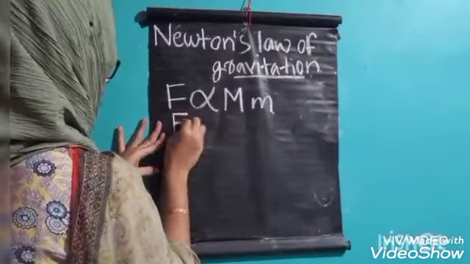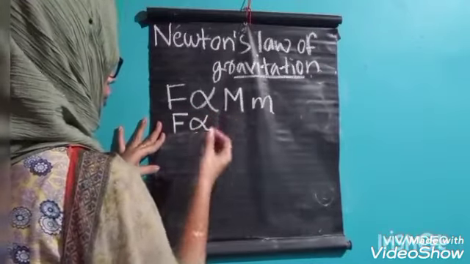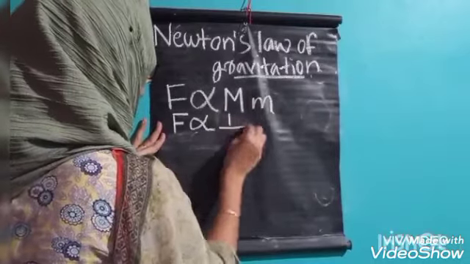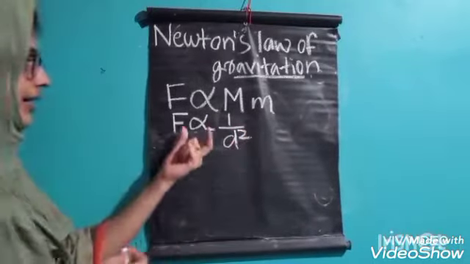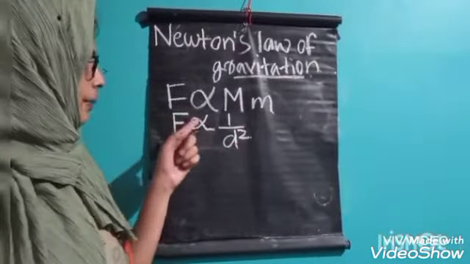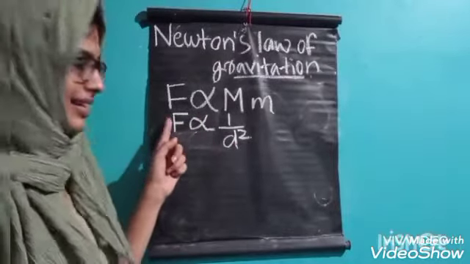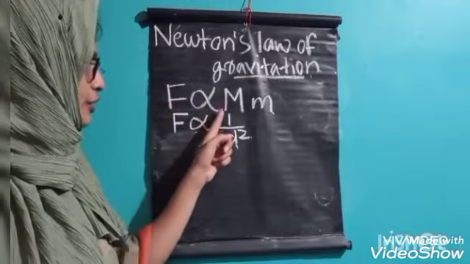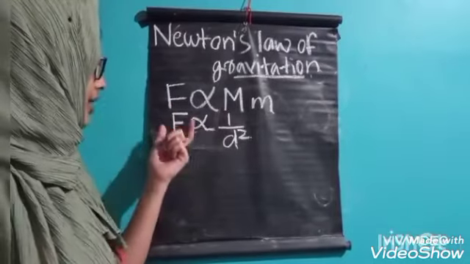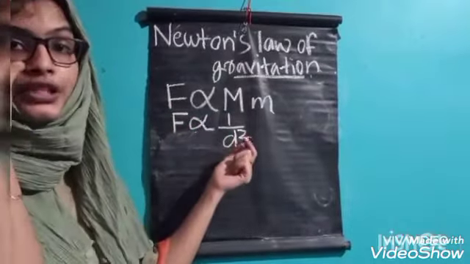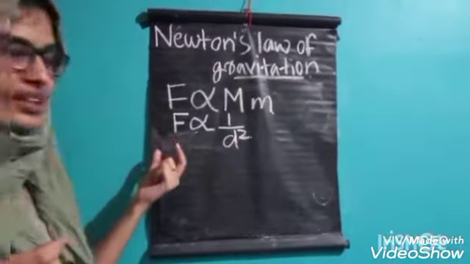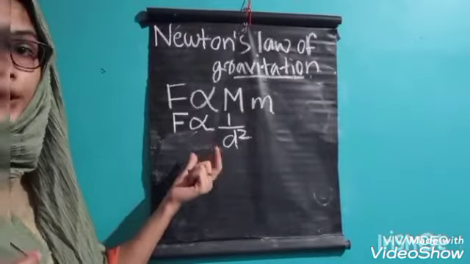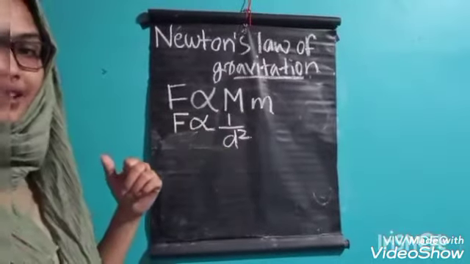So we can write it as F is inversely proportional to 1 by d square. That is, the force of attraction is inversely proportional to the square of the distance between them.